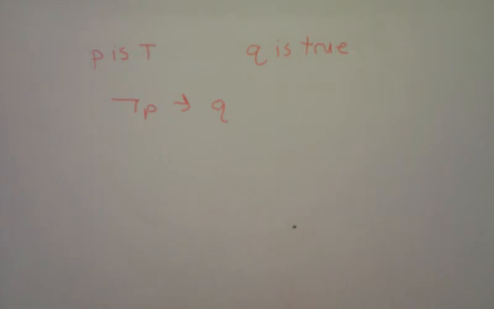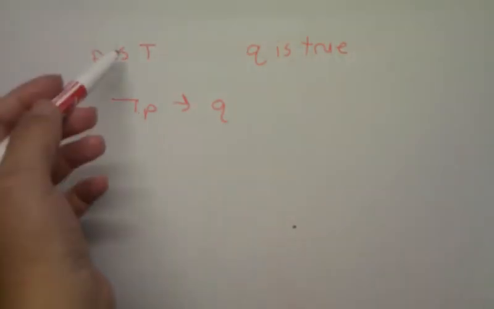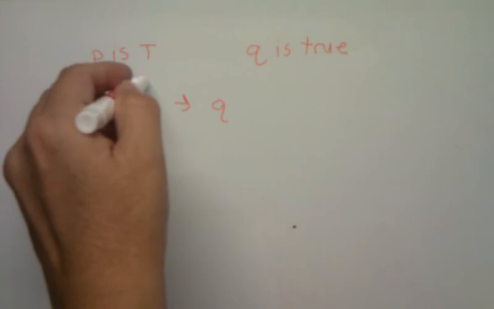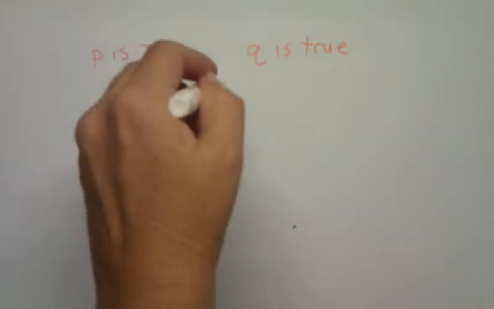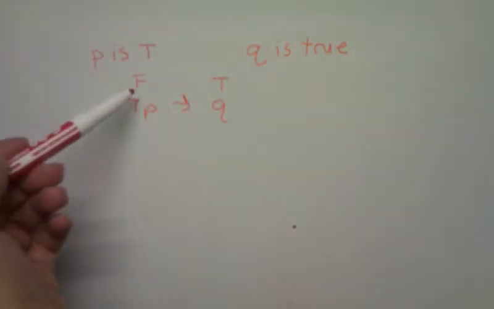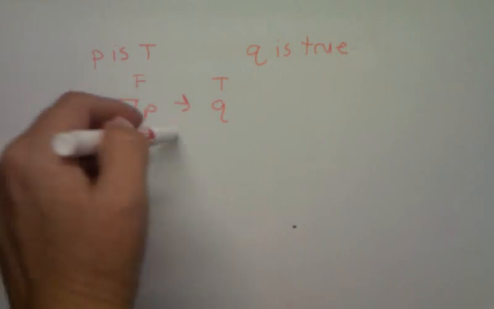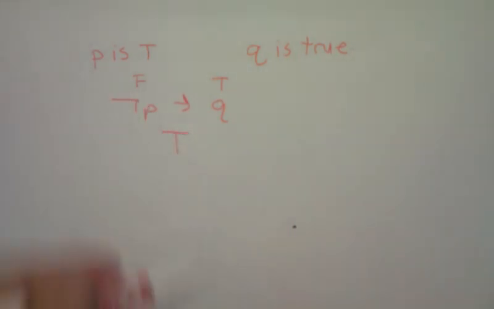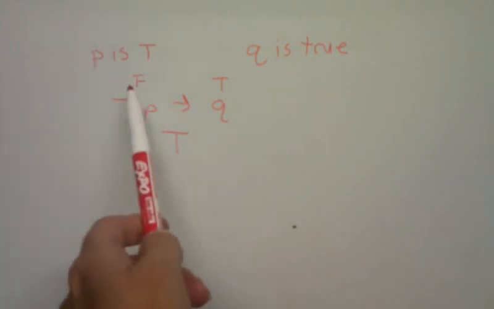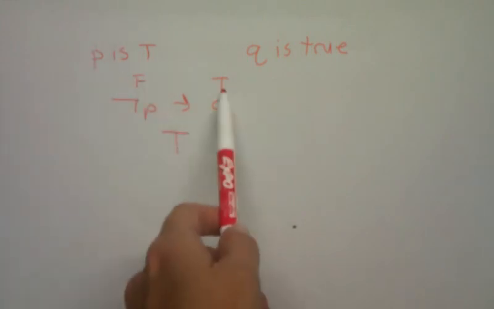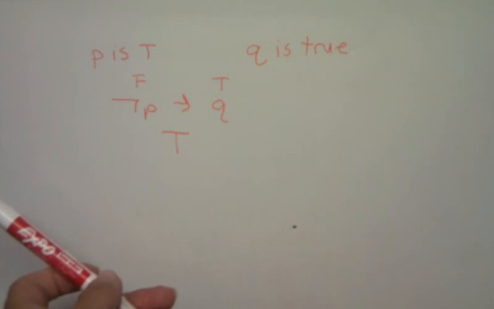Alright, well, let's look at it. If not P, so if P is not true, that means it's false. Then Q, we say Q is true. Now remember, if the first one's false, it doesn't matter what the second one is. It's automatically true. The only time it's false is if this one's true and this is false, it's false. All the other times it's true.